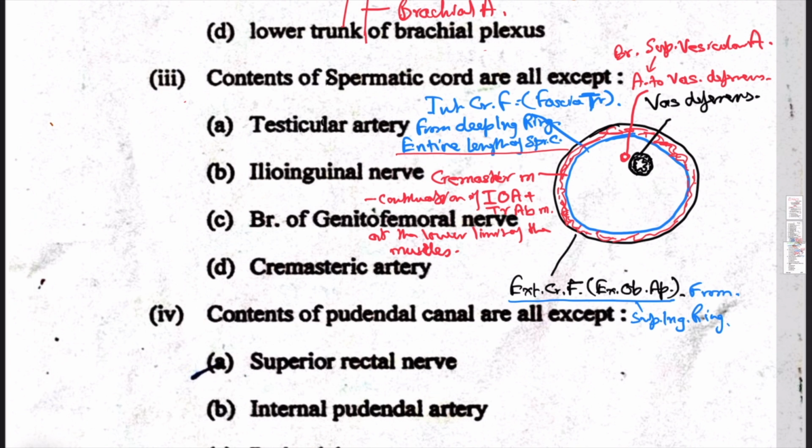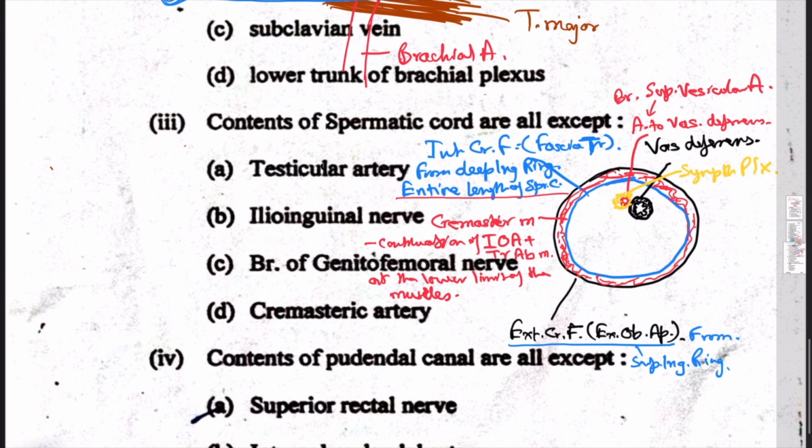Okay, so that is about the umbilical artery. And yes, this artery will have a plexus surrounding it, a sympathetic plexus of nerves. They will surround the artery to ductus deferens.